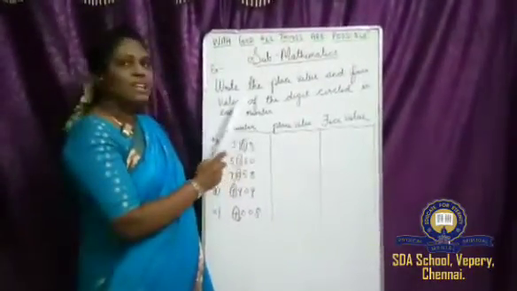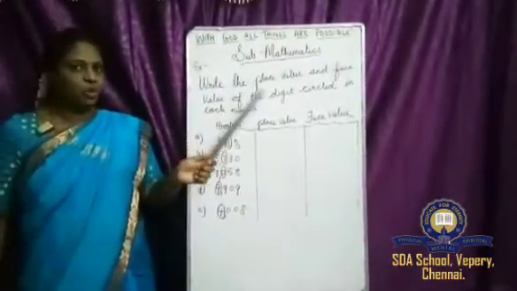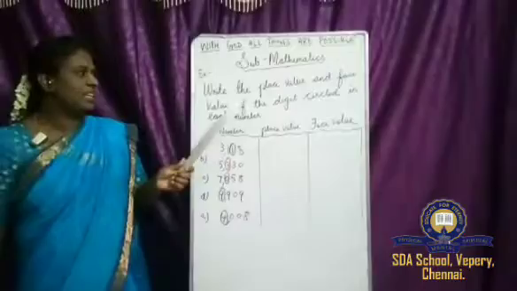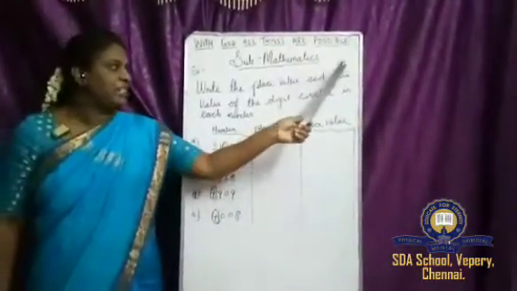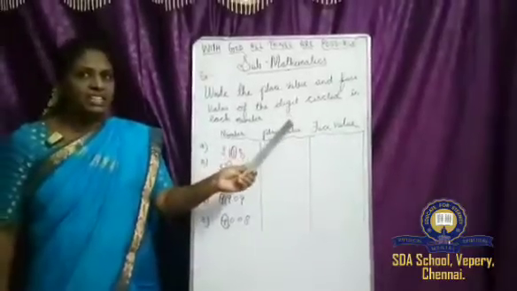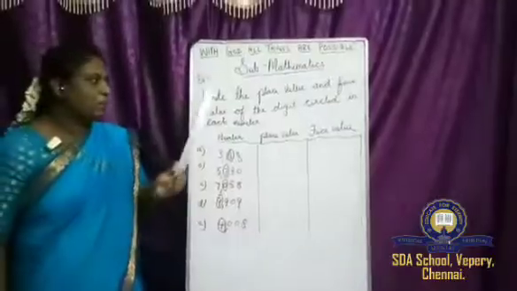Alright children, let us look at this example. I have formatted it like a question pattern. Just see here. Write the place value and face value of the digits circled in each number. I'll repeat.